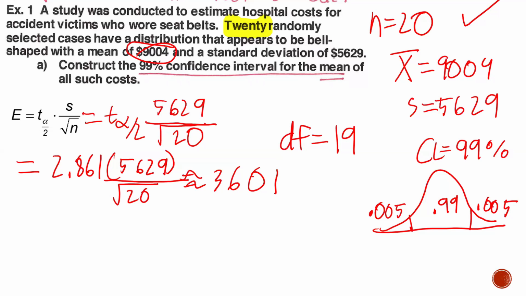I have one number, I have to guess for the population mean. That's our sample mean, so that's what we're going to guess. And this is our margin of error.